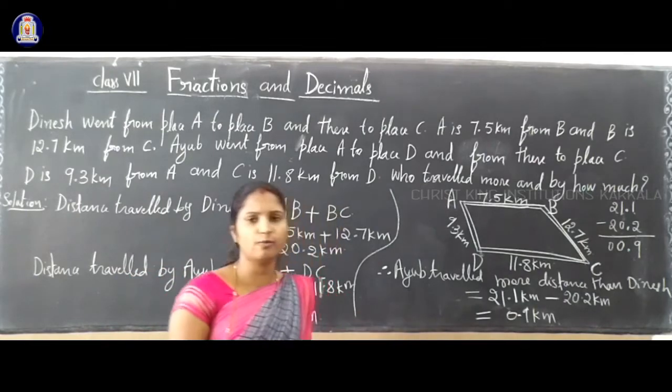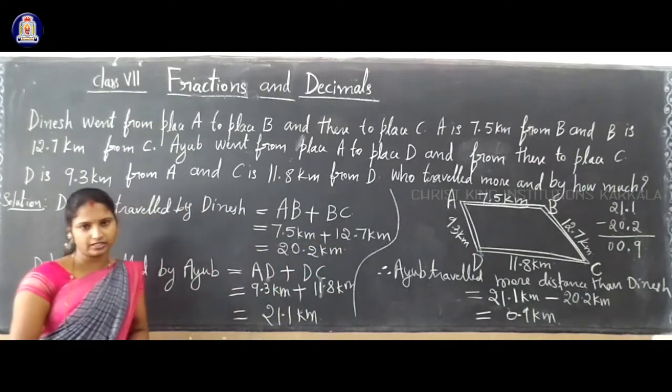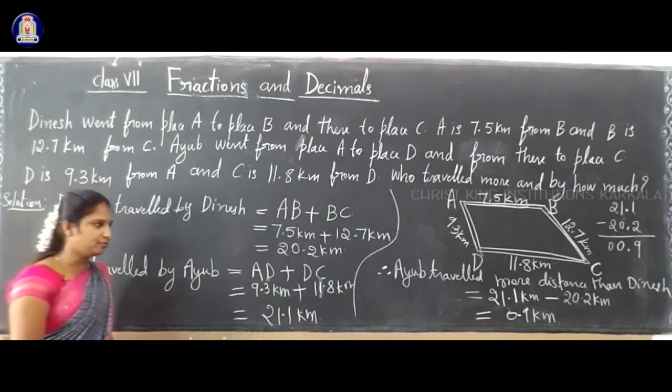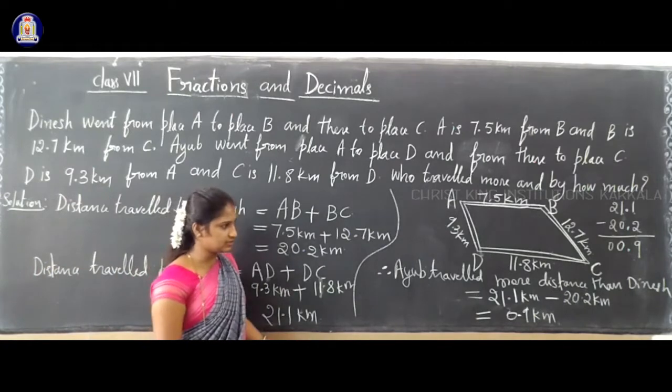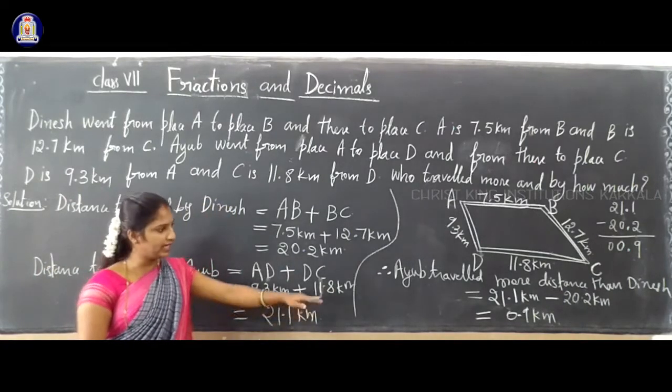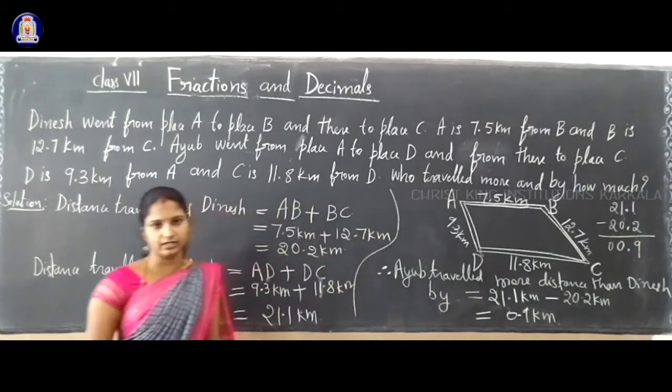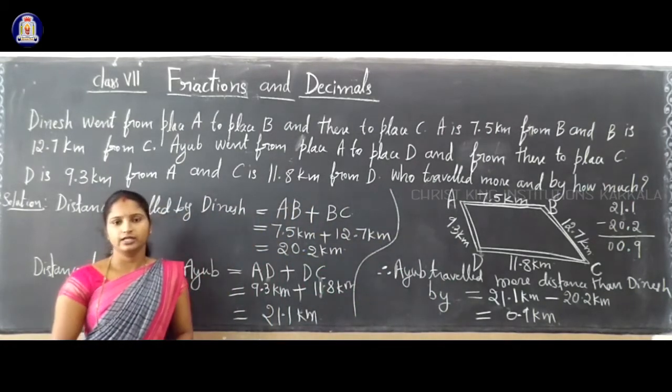That is 0.9 kilometer. Clear? So the question is who traveled more and by how much? So the answer: Ayub traveled more distance than Dinesh by 0.9 kilometer.